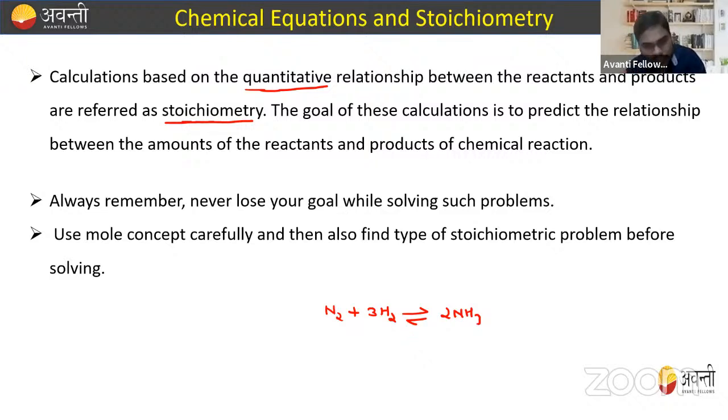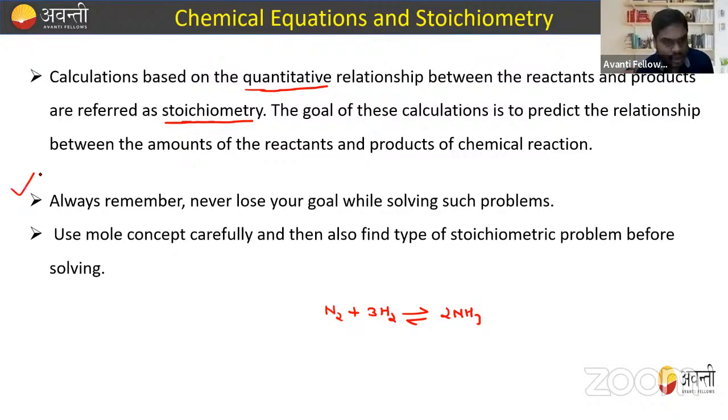How will you calculate? If we know the amount of reactant, then we can calculate the amount of product as well. How much reactant we take to get this much product, how much reactant is required to get the desired product. These are the interrelations between the reactant and the product, right?